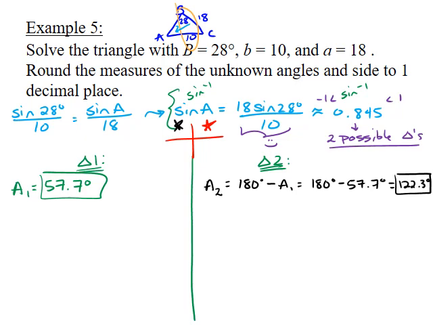Okay. Now I'm going to stick here with triangle 2 because I want to see if this triangle can be eliminated or not. The way I figure that out is I next try to figure out angle C. So C2 is found by taking 180 degrees minus the angle I just found minus the given angle. If this is negative, I can eliminate triangle 2.